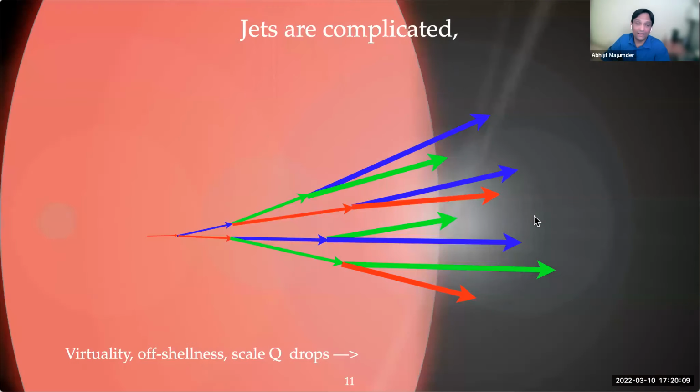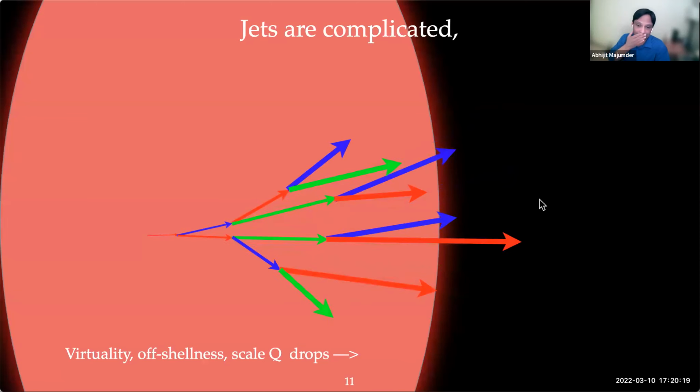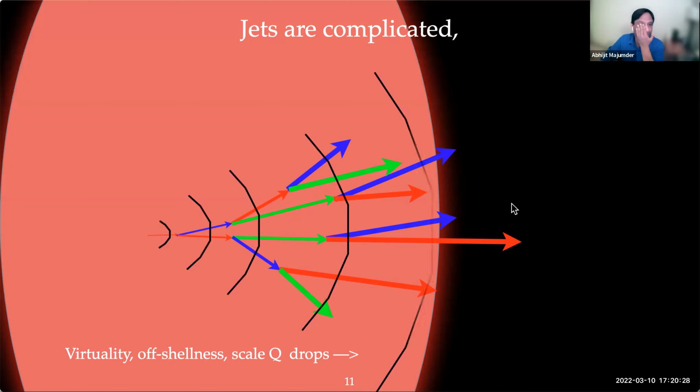but we have to basically put it inside a moving, evolving medium where every stage of these jets will interact with the plasma and it'll change. And change means there's been energy momentum exchange with the medium. Okay, and this energy momentum exchange will basically show up in excitations of the medium, which we often call medium response.